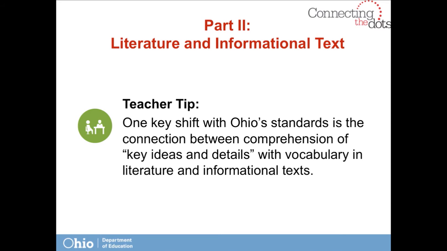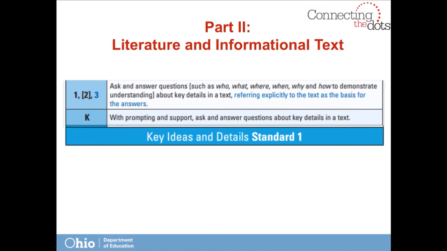Now, let's look at an example of this in the standards. For example, Informational Text Standard 1, Grade 3 is, ask and answer questions such as who, what, where, when, why, and how to demonstrate understanding about key details in a text, referring explicitly to the text as a basis for the answers.